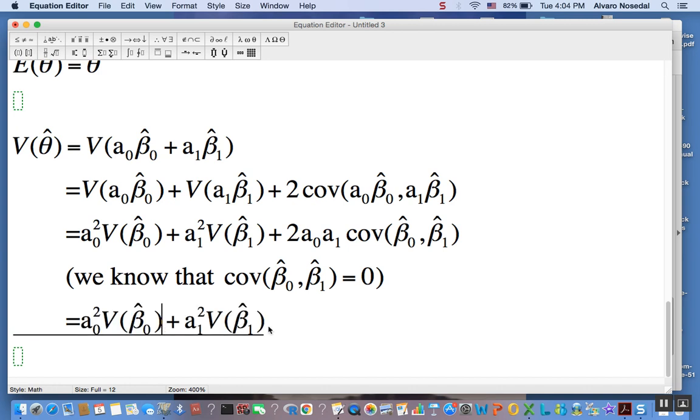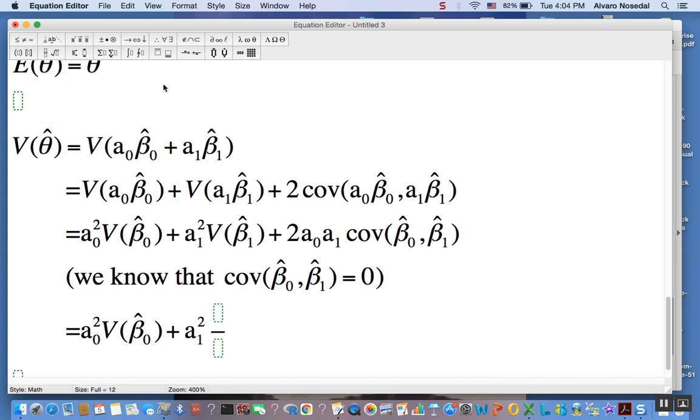But now, do you remember what's the variance of beta 1 hat? We have also shown that before, and that happens to be sigma square divided by SXX.